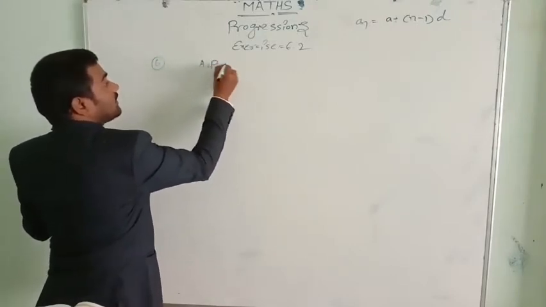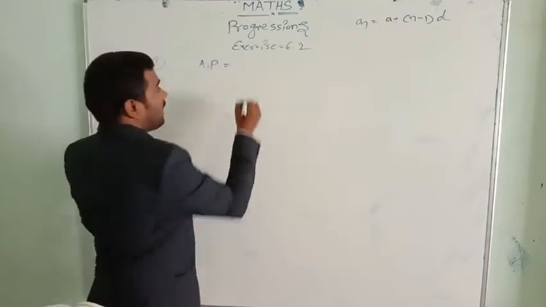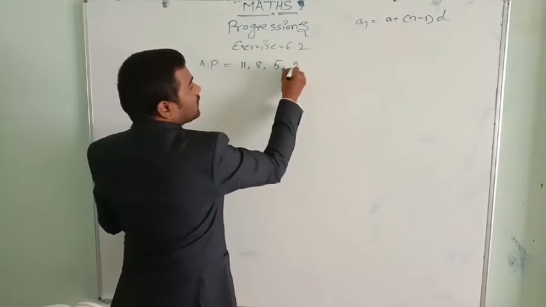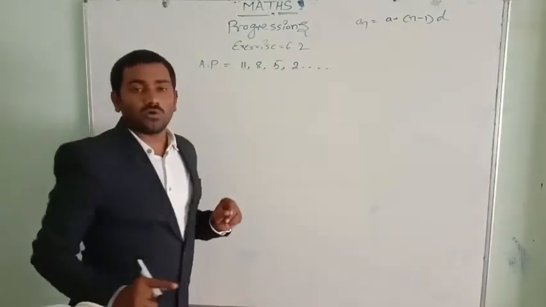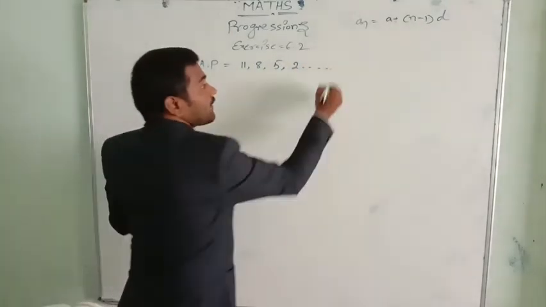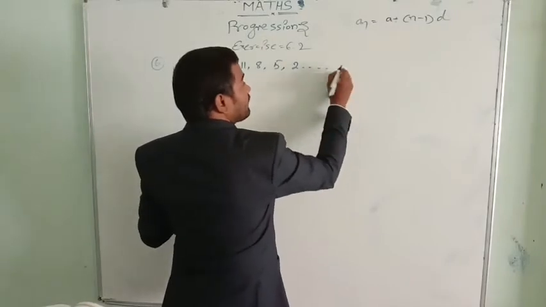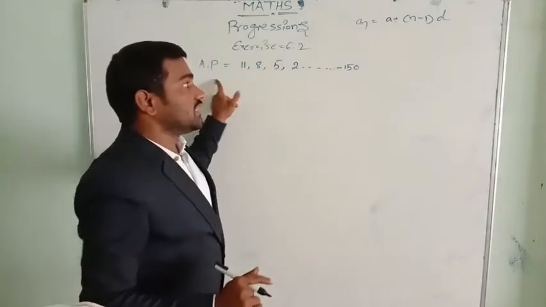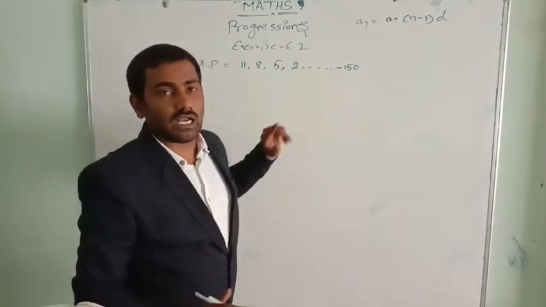They have given the arithmetical progression 11, 8, 5, 2 and so on. So here is the number minus 150. Is minus 150 a term in this arithmetical progression or not?